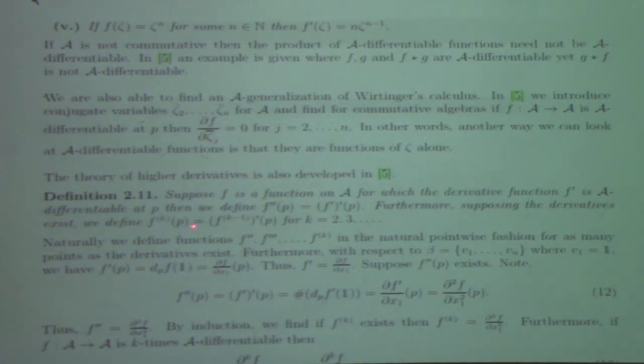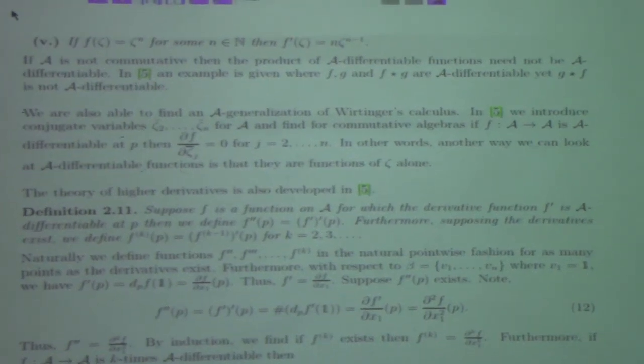We can define higher derivatives by iterating lower derivatives, because we can identify right linear transformations on the algebra with algebra elements. And so we can define the derivative as a function on the algebra, as opposed to a differential operator on the algebra.